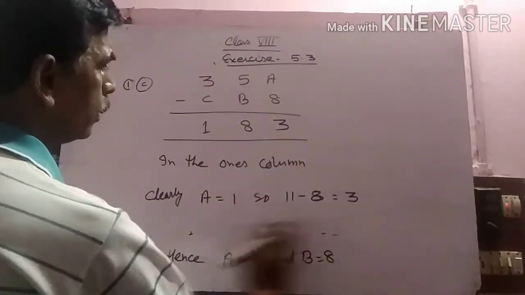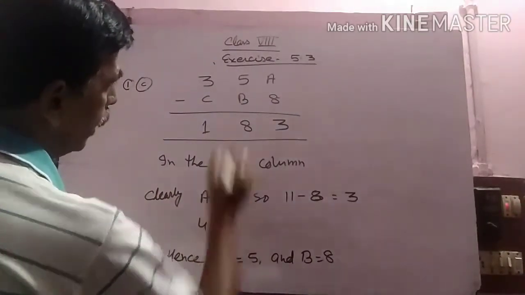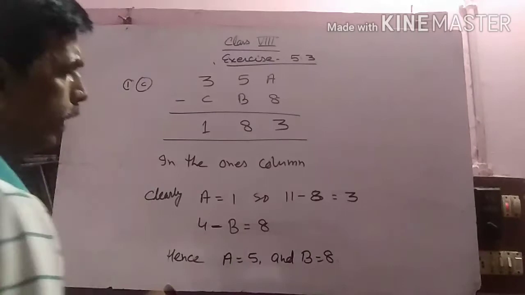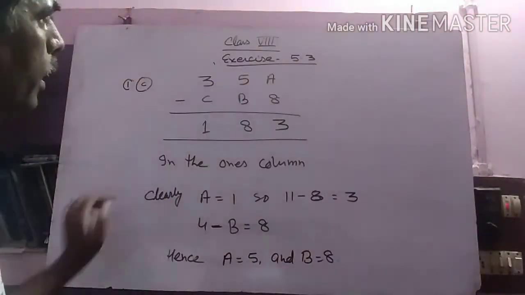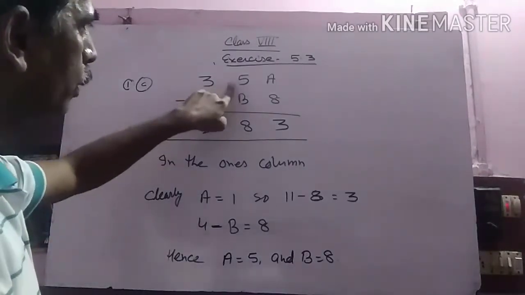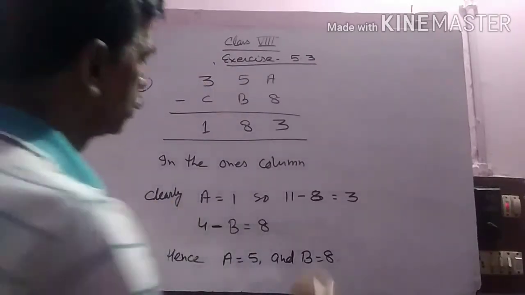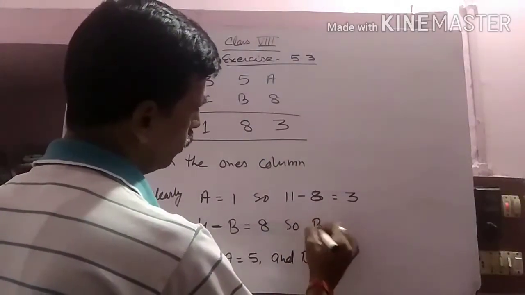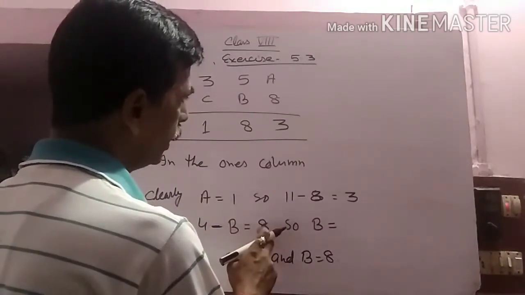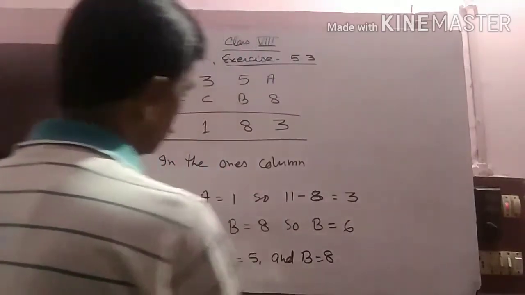So what do we get? 4 minus b is equal to 8. It means we should carry 1 from the previous column, so it becomes 14. 14 minus b is equal to 8. So b is equal to 14 minus what is equal to 8. So 14 minus 6 is equal to 8.